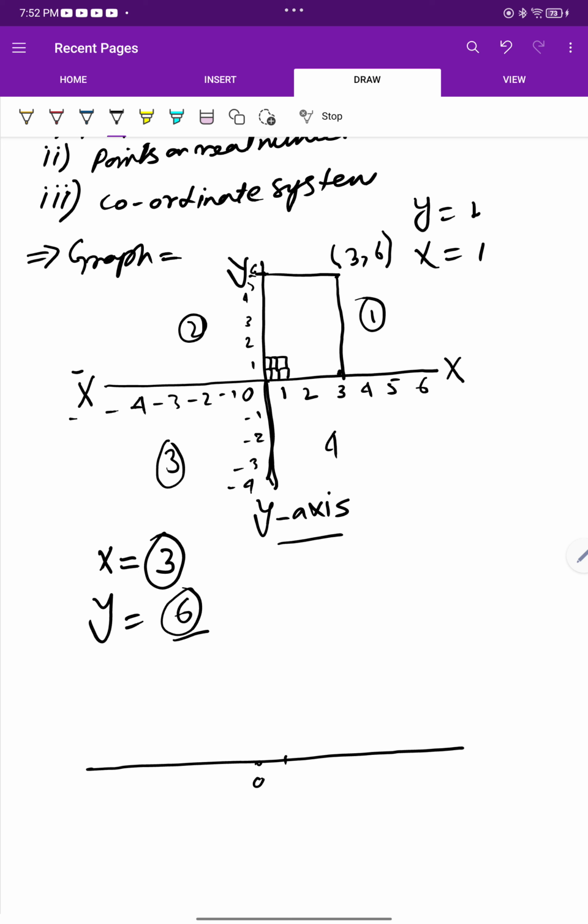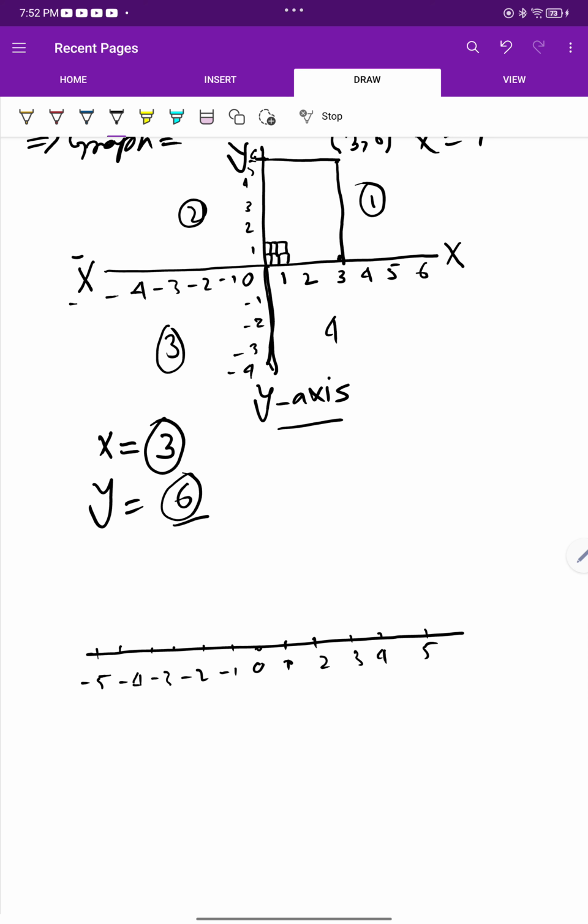So it's 0, 1, 2, 3, 4. You will come across in calculus some values where they say greater than this, and we call it variation.